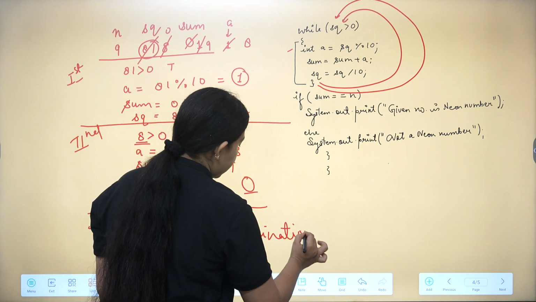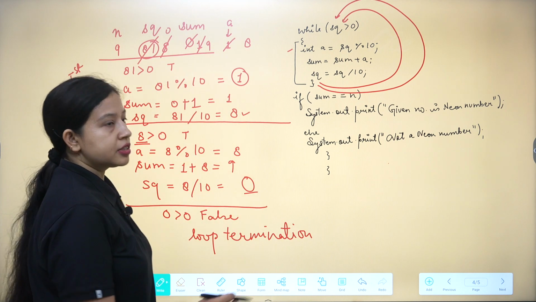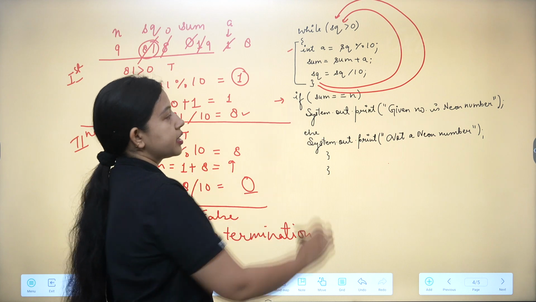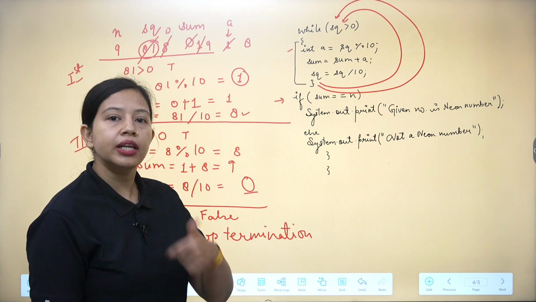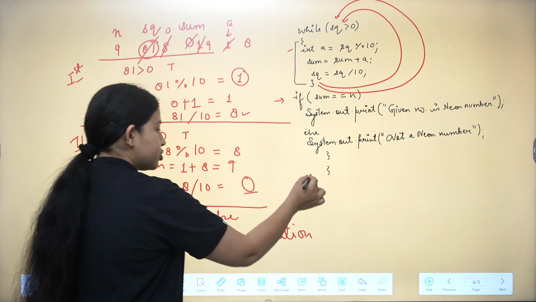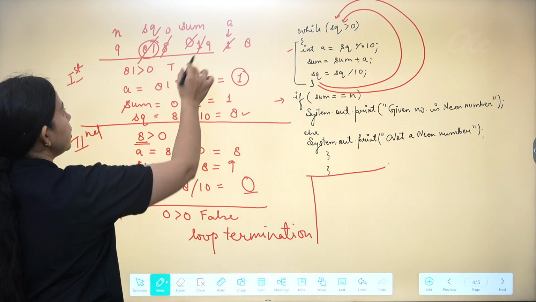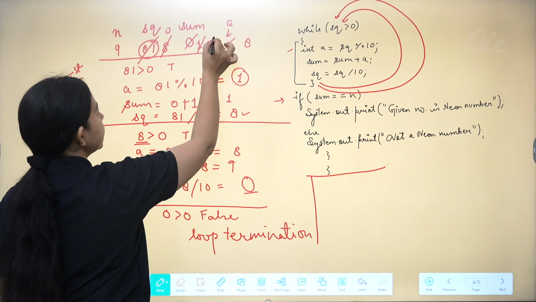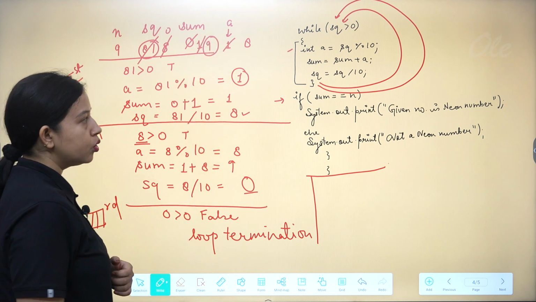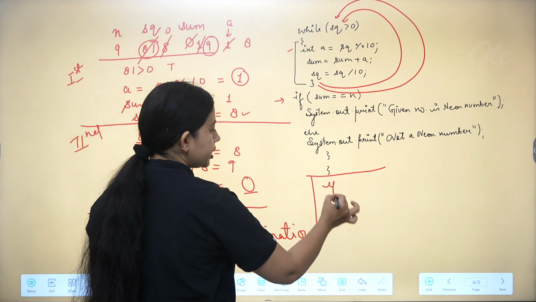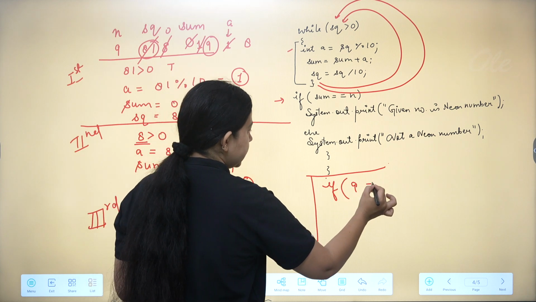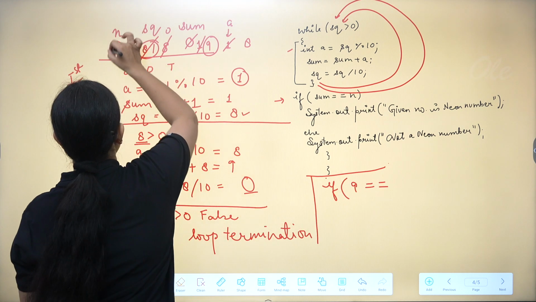After the loop termination, we get the conditional statement, that is sum equal to n. We need to check the value of sum with n. What is the current value of sum? That is 9 over here. Yes or no? If sum is 9, is it equal to the number, which is also 9?